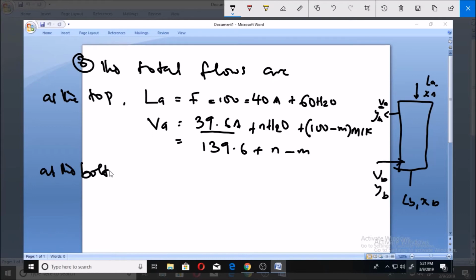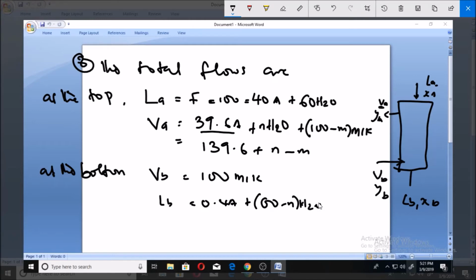Then at the bottom, VB is equal to 100 MIK. We already know that. Then LB is equal to 0.4A plus 60 minus N H2O plus M MIK.